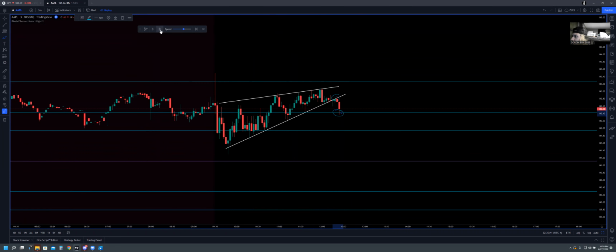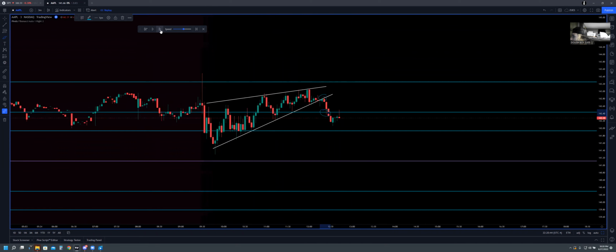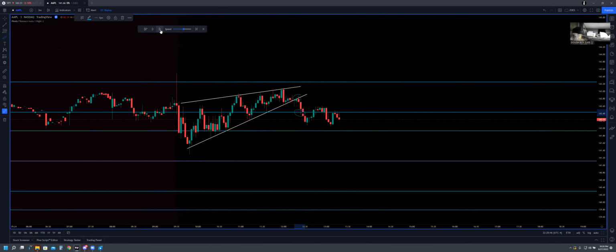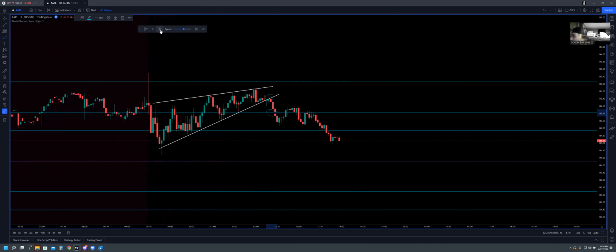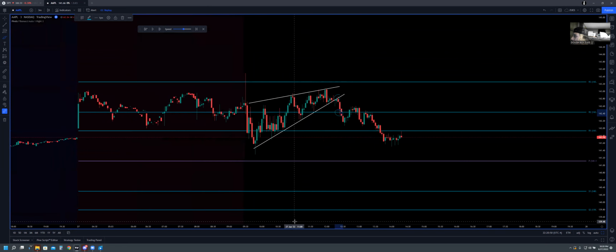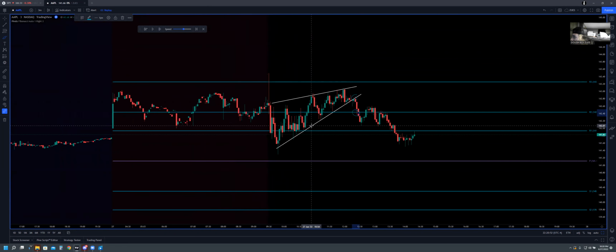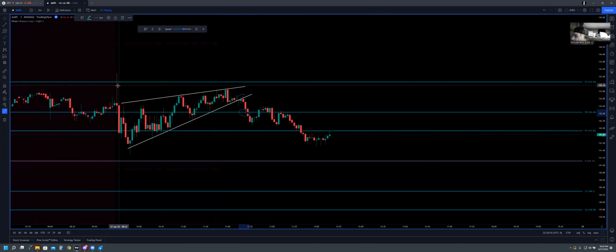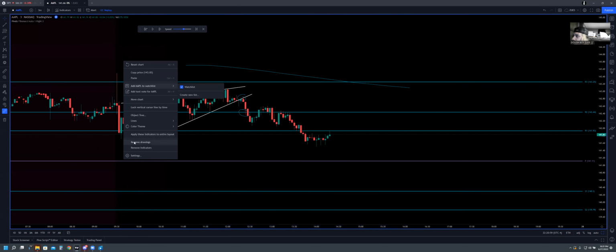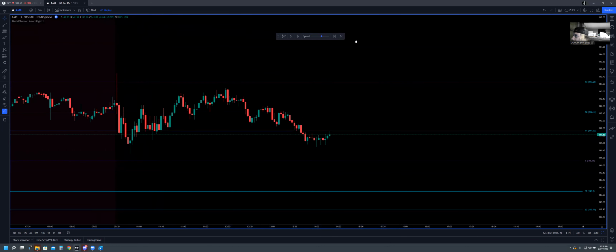So I didn't take this one. I was just watching this one, but this one did dump pretty hard, if I remember correctly. But really, this symmetrical triangle was the play that worked out good with these pivot points. I'll pull up some previous days, that way you guys can just see the action on it here.